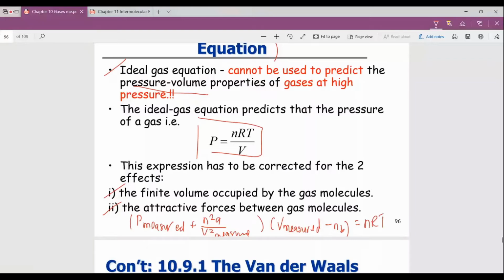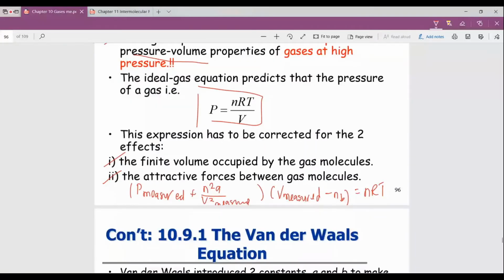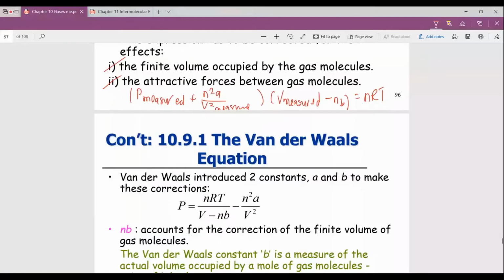Okay, so from here we get this formula, which is the van der Waals equation: P equals nRT over (V minus nb) minus n squared a over V squared. What is P?